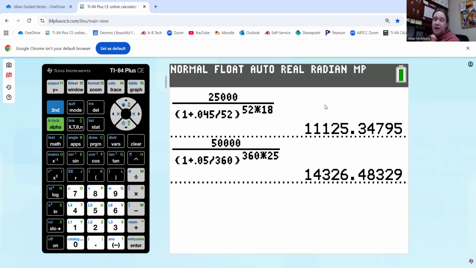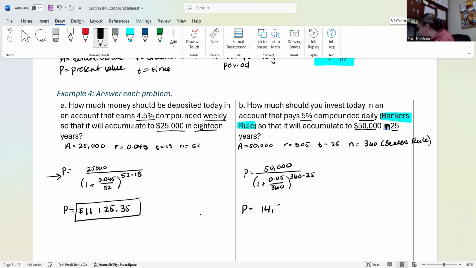So we get $14,326.49 rounding up. Back to the worksheet, and we get 14,326.49. And that is how much you would have to invest today in an account that pays 5% interest compounded daily with the banker's rule so that you could in 25 years have $50,000.